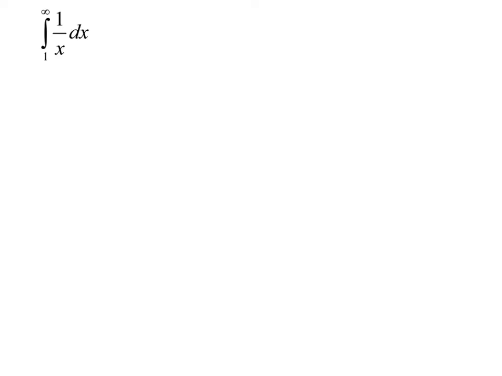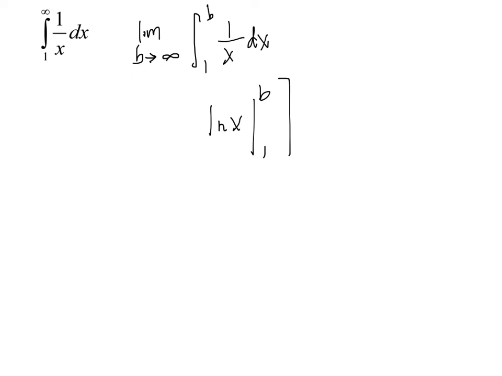Okay? This example, the notation would be that we're doing the limit as b approaches infinity, 1 to b, 1 over x dx. Well, the antiderivative of 1 over x is natural log of x, evaluated at b and 1, doing the limit as b approaches infinity.